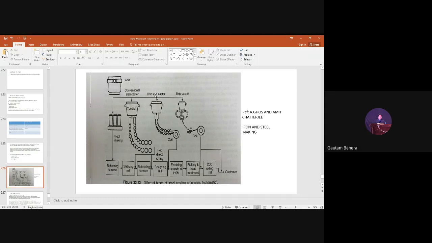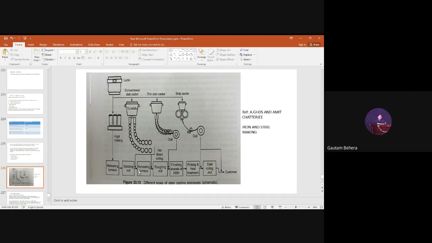But now comes the thin slab caster. In this thin slab caster, we are generating thin slabs. You can understand from the figure that we are avoiding the roughing mill, the slabbing mill, and the reheating furnace. These four things are avoided now.